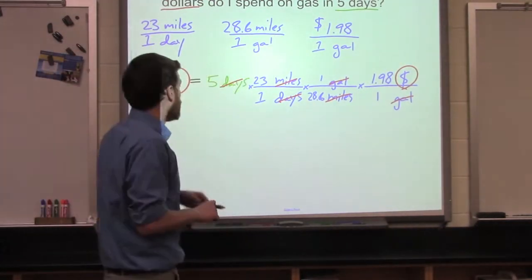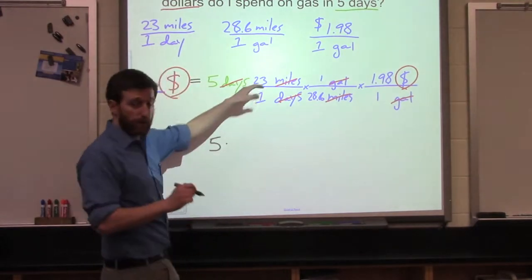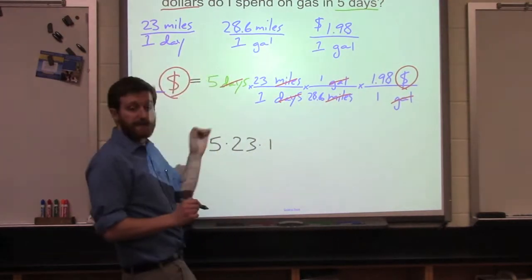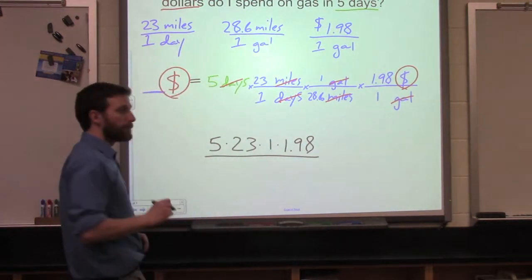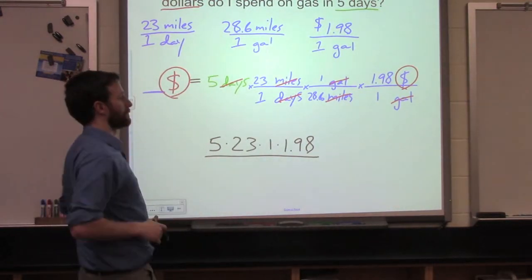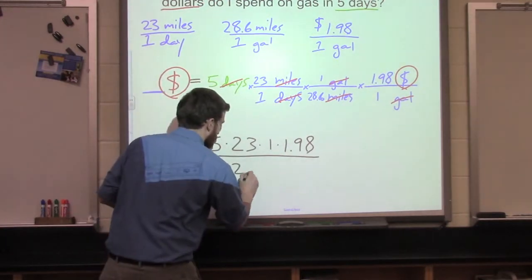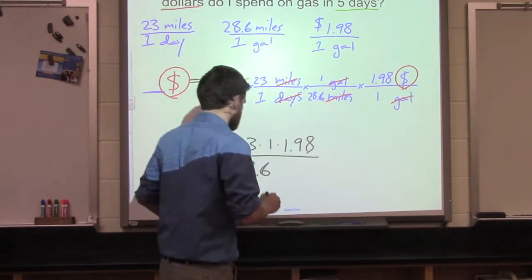So I'm going to take all my numerators, 5 times 23 times 1 times $1.98, and I'm going to divide them by all of my denominators multiplied together. So I've got 1 day, times 28.6 times this last 1.